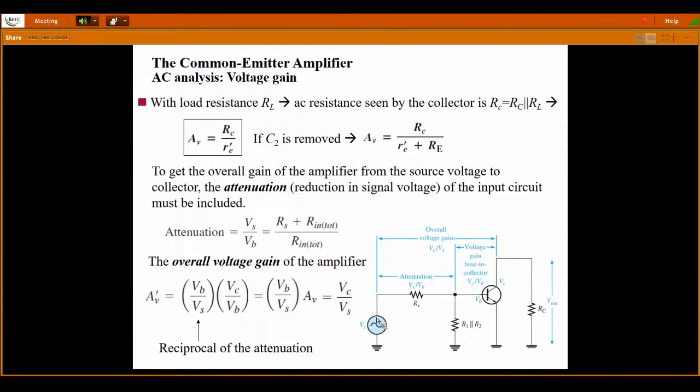At the input side it becomes VB divided by VS, whereas at the output it is VC divided by VB. So AV dash, the overall gain, is equal to VB by VS into VC by VB. We know that VC by VB is AV, so it is VB by VS into AV. As VB cancels, the overall voltage gain is equal to the ratio of the collector voltage to the signal voltage VS.